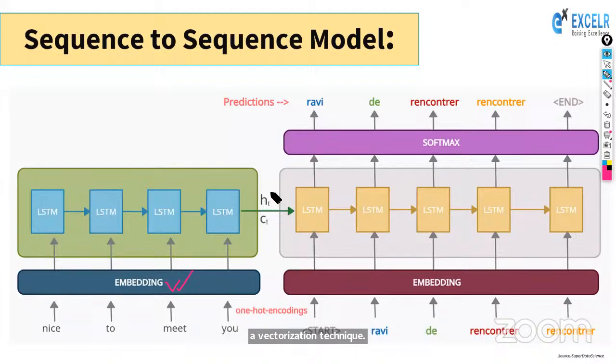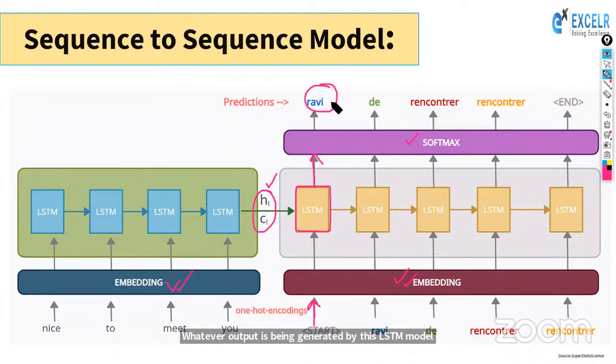And then when this context vector is input to the decoder module, the first LSTM module in the decoder will take the context vector generated from the encoder layer as an input, and we provide the start of sentence. Also, you need to pass this through the embedding layer. Whatever output is generated by this LSTM model based upon the activation function, this particular output word is the input to the second LSTM module, and this word is again converted by the embedding layer into the vectorization form.